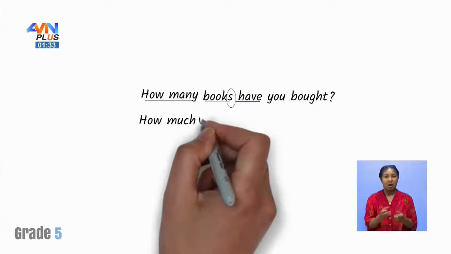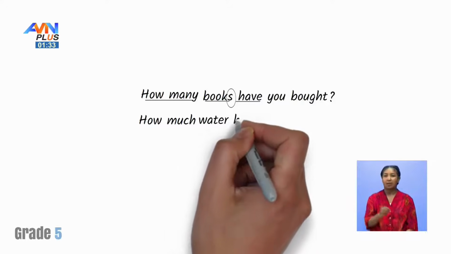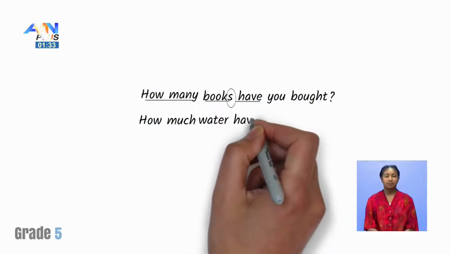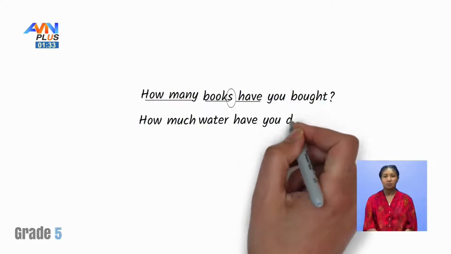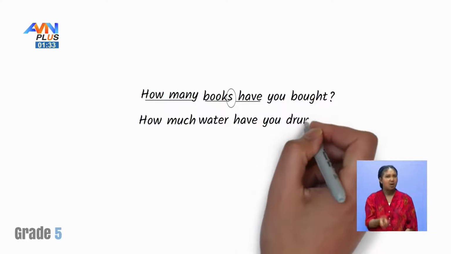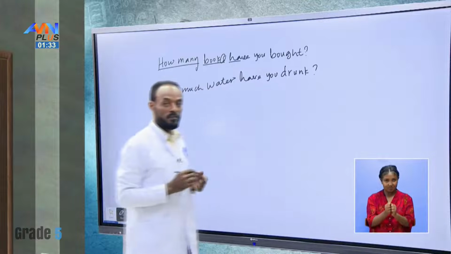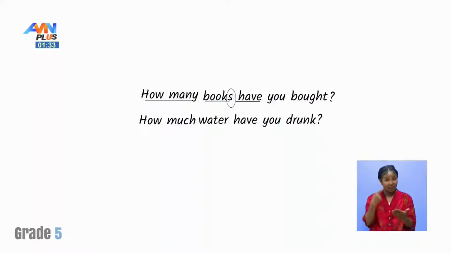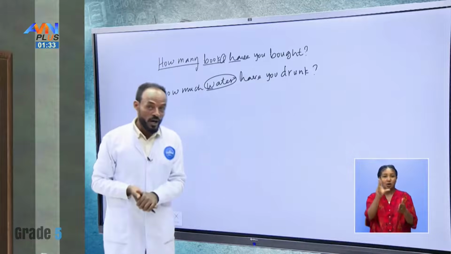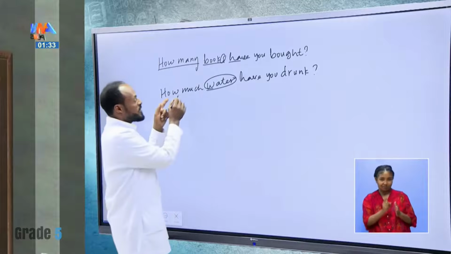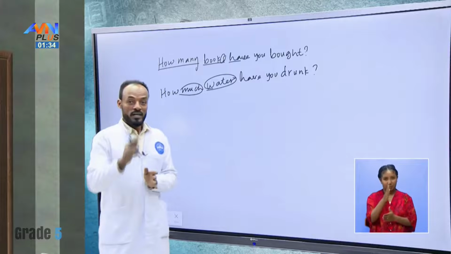How much water have you drunk? It is a question for uncountable noun, because here the water is something which cannot be counted. That's the reason why you use here how much. I think it's clear. Good students.